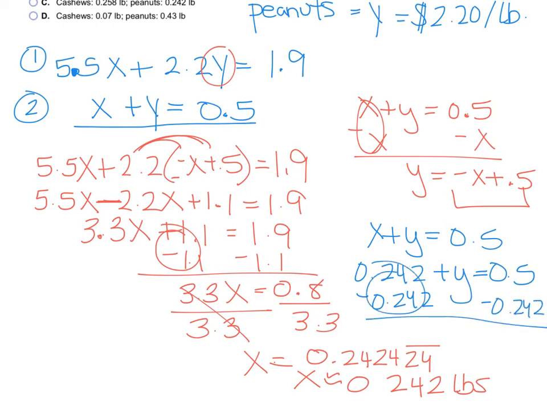And y equals 0.5 minus 0.242, and that's an approximate value of 0.258. So peanuts is 0.258 pounds, and the amount of cashews, which is x, is 0.242 pounds.